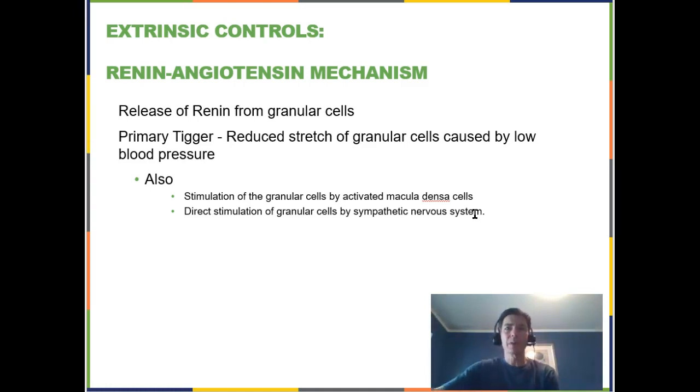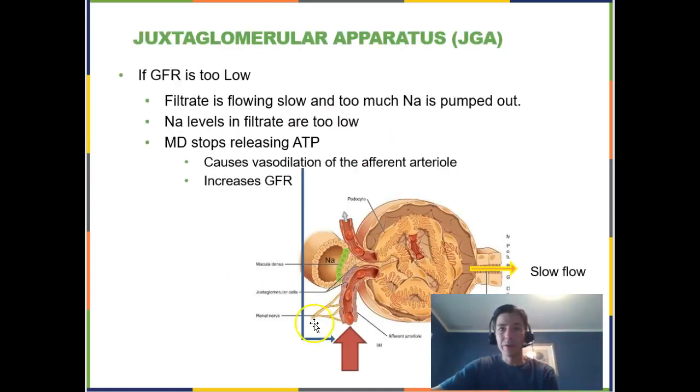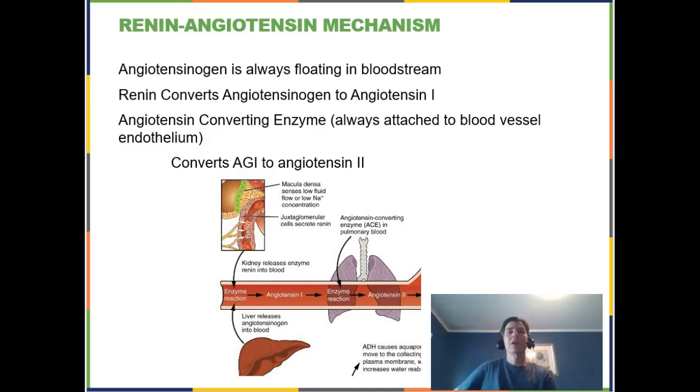So a drop in blood pressure means your granular cells, or these cells right here called juxtaglomerular cells, are going to release a hormone that's called renin. So the way it works is that your liver produces a prohormone, or an inactive hormone, not hormone, enzyme, sorry, called angiotensinogen.